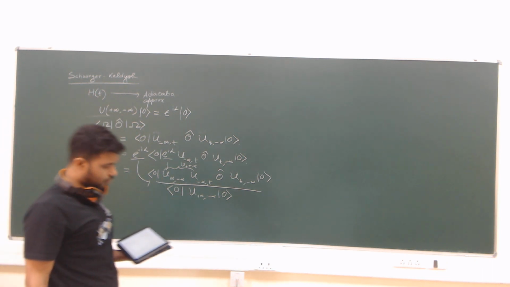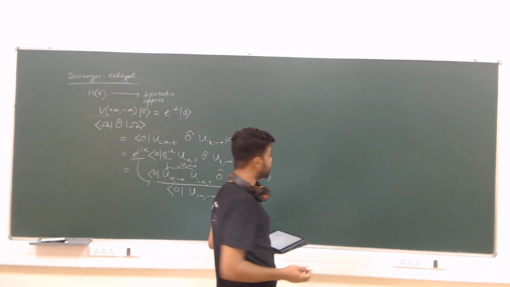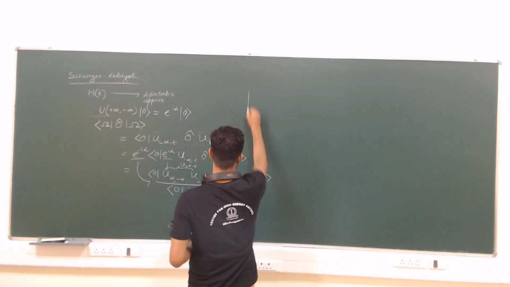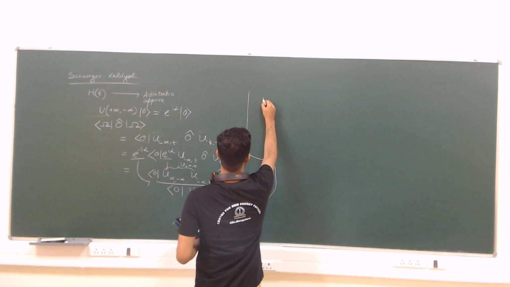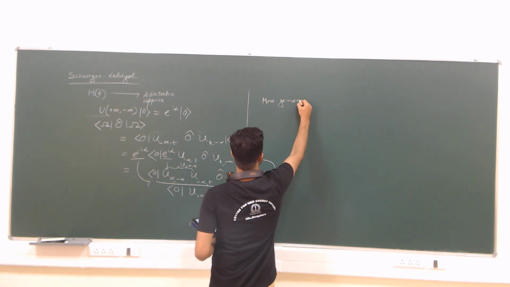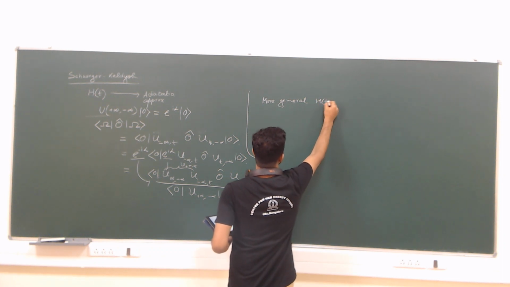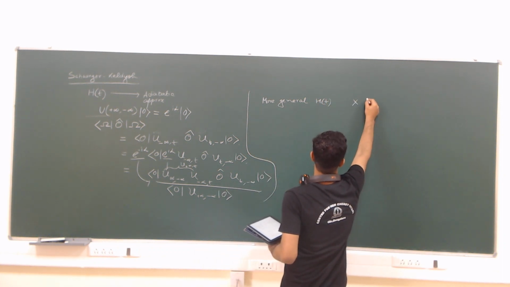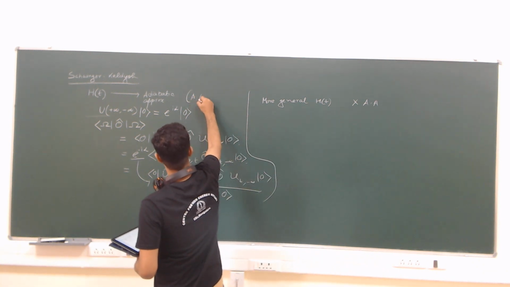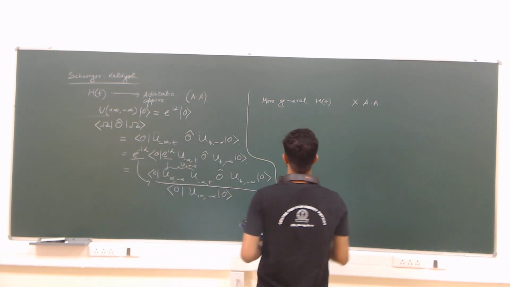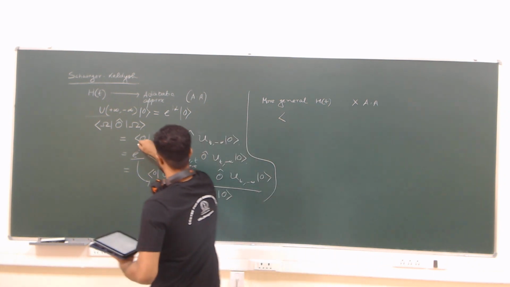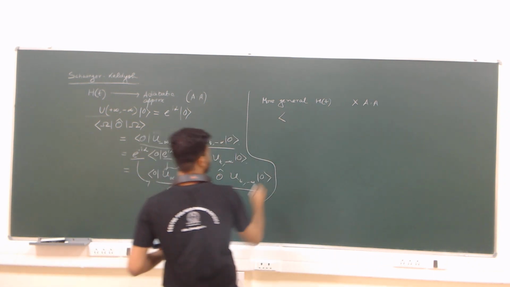If I have a more general time dependent Hamiltonian, which is basically not adiabatic approximation, in which case this does not hold, you have to somehow write this.